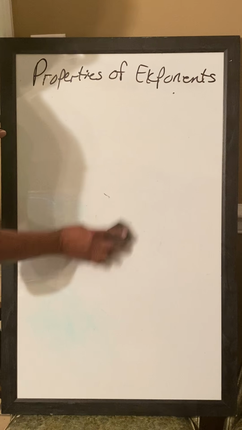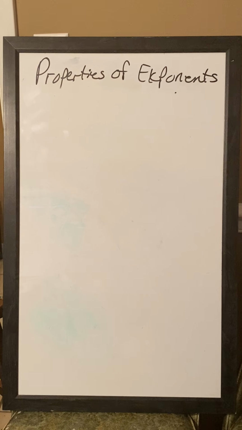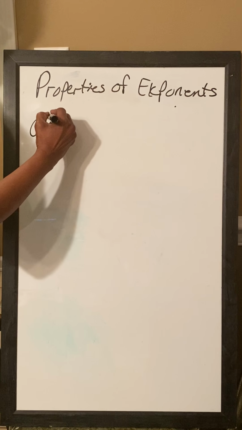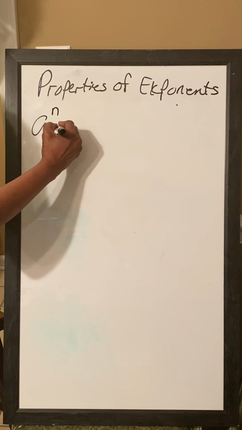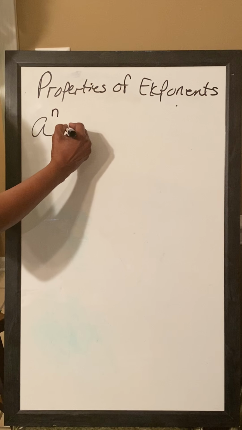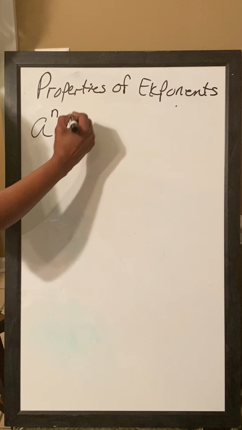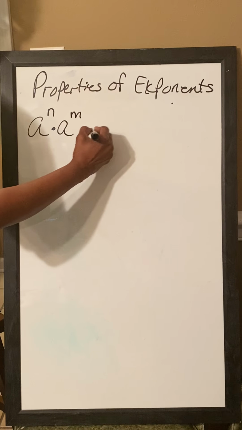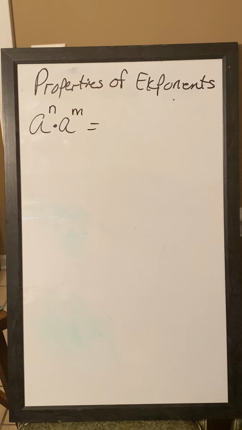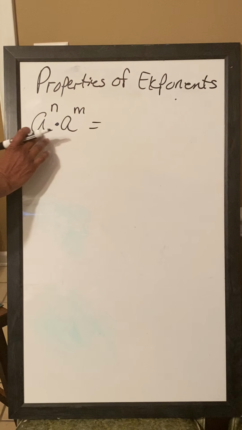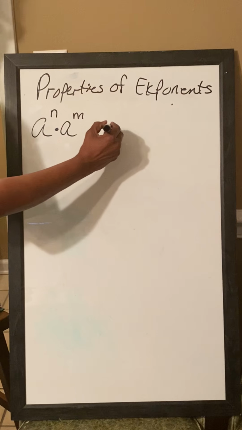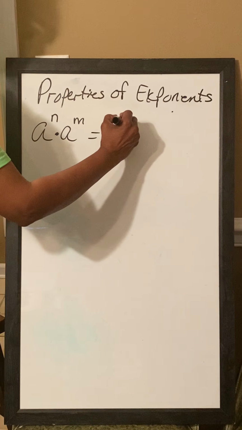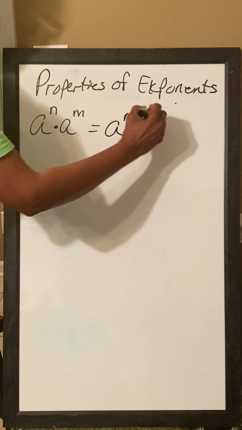As we look at our properties today, the first property we're going to look at is multiplying like bases. If I had a raised to the n times a raised to the m power, the rule tells me that when I multiply like bases, a is my base. I'm going to bring that base over, a, and then I'm going to add my exponents, n plus m.